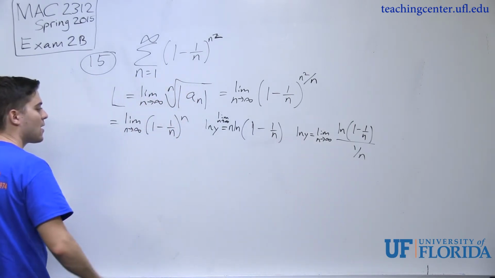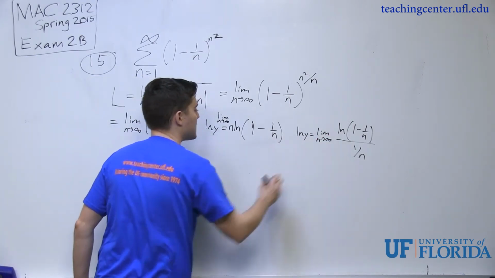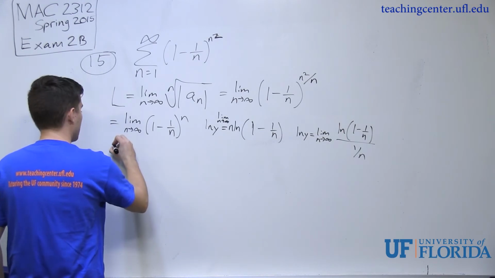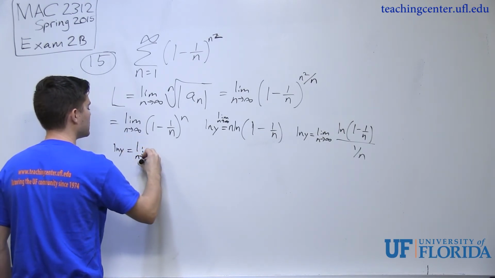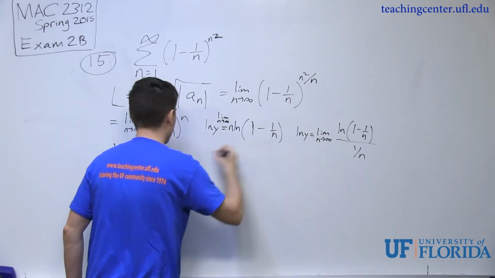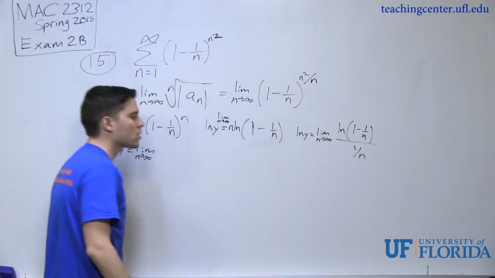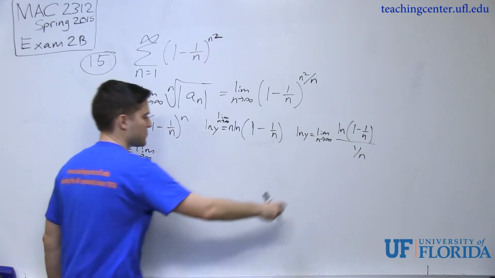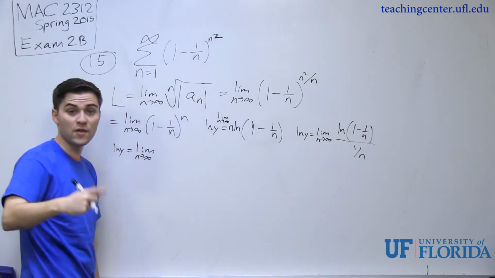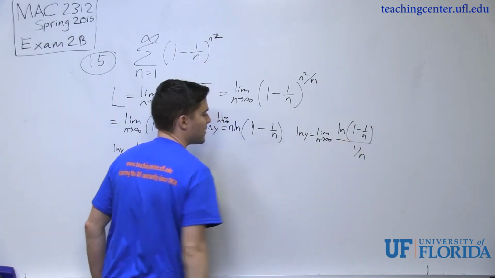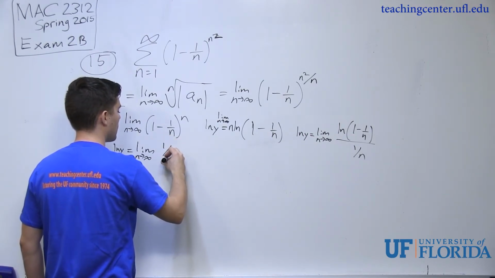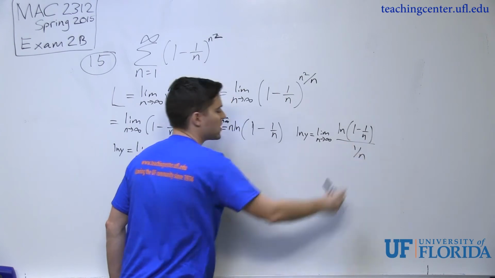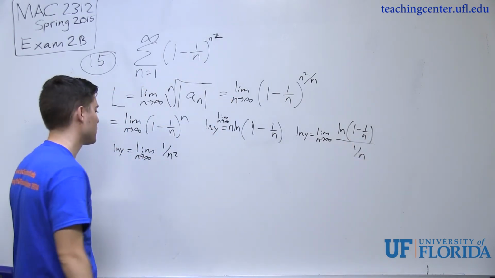So if I take the derivative of the top and the derivative of the bottom, I end up getting ln y is equal to the limit as n approaches infinity of, so the derivative of natural log is u prime over u, so it's the derivative of what's inside over the original term itself. The derivative of 1 minus 1 over n is positive 1 over n squared.